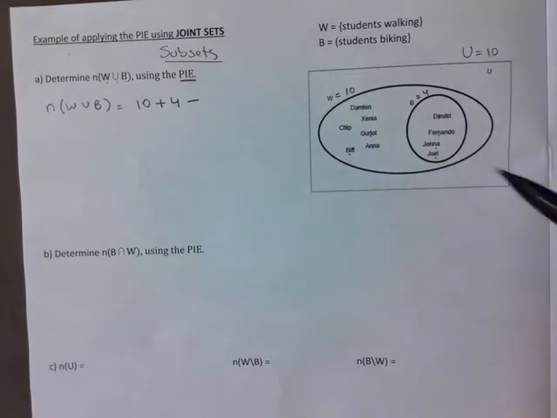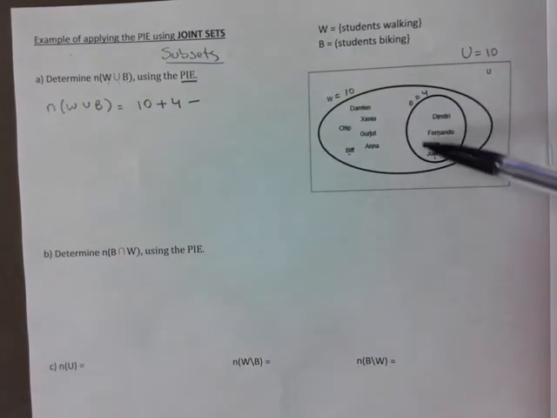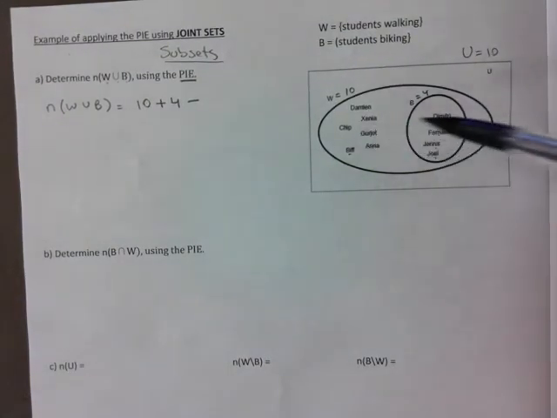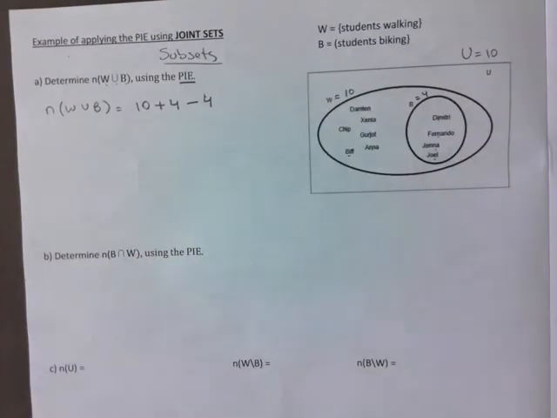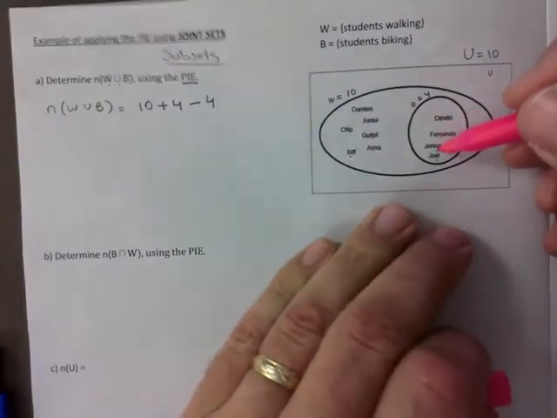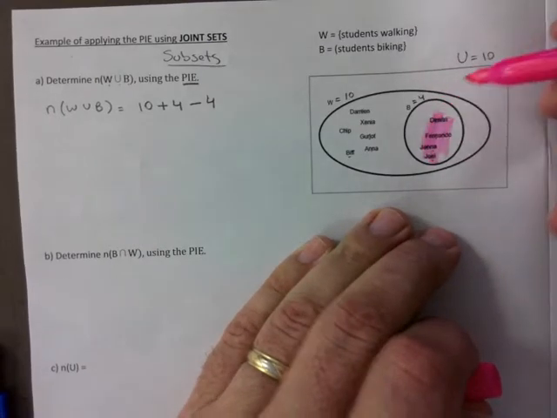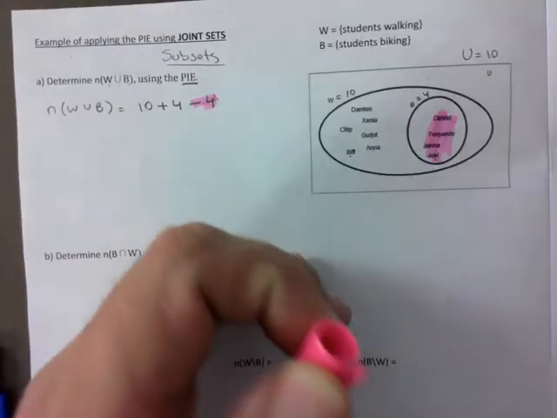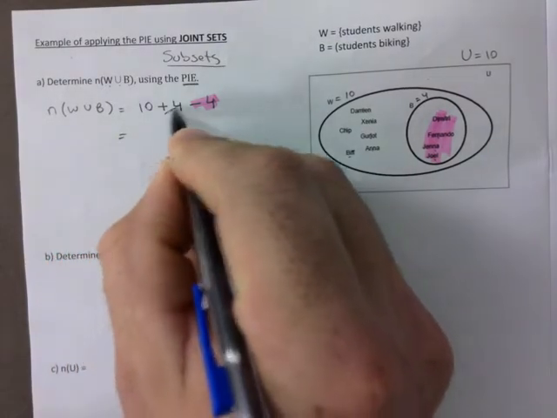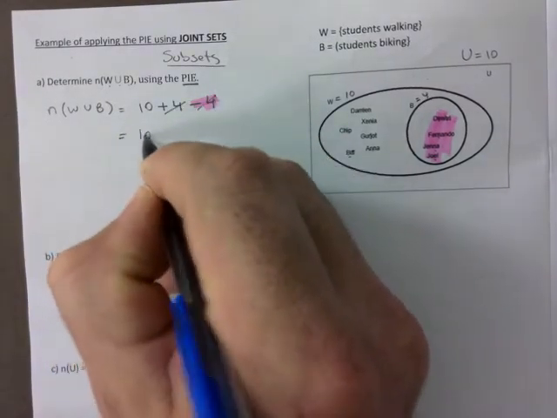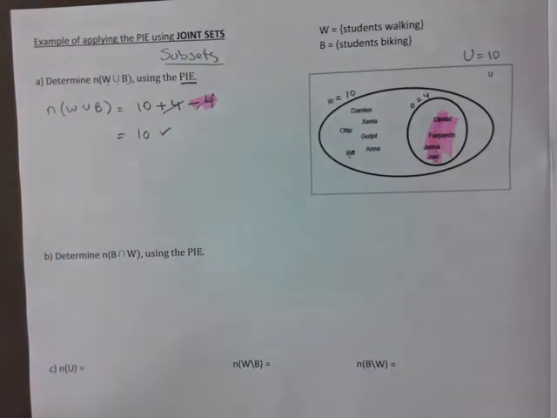Because there is an overlap, the one that both of them share. So you'd have to go minus 4, just subtracting the overlap, and that's how you use the property. Basically these two cancel out, and you end up with 10.